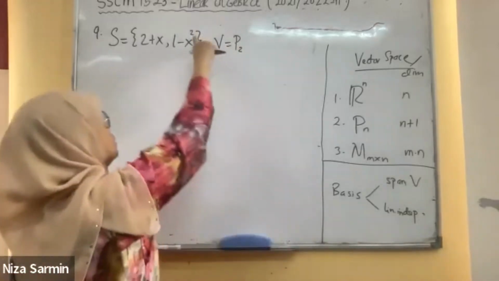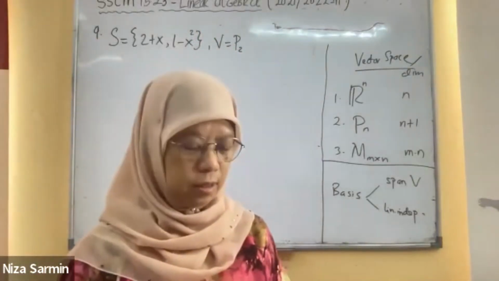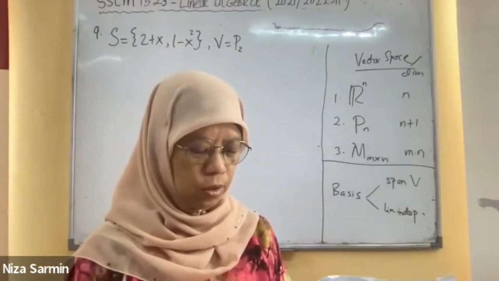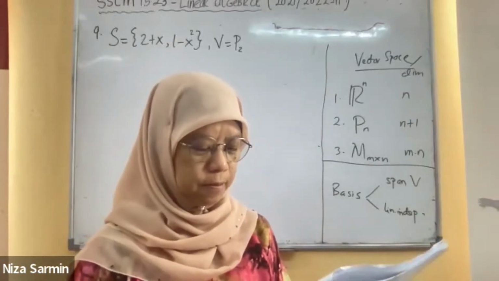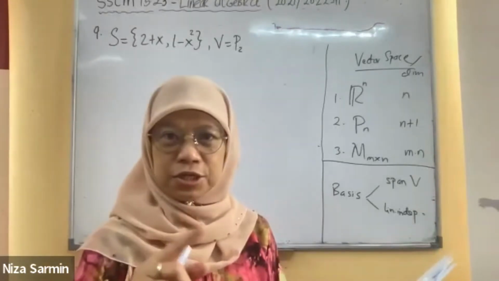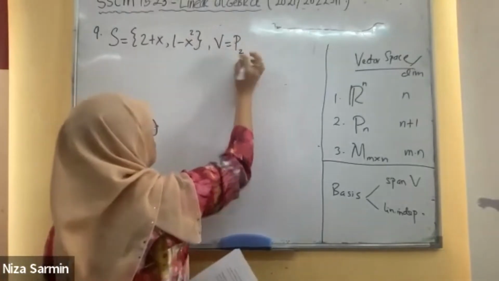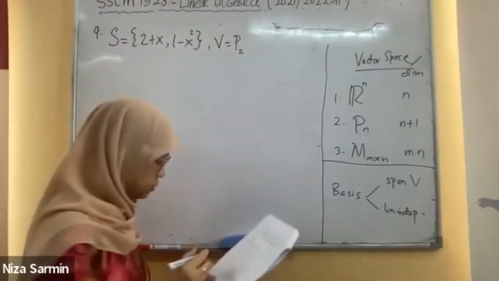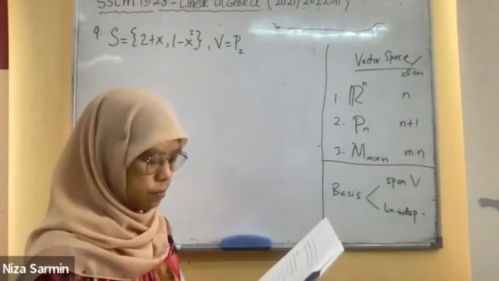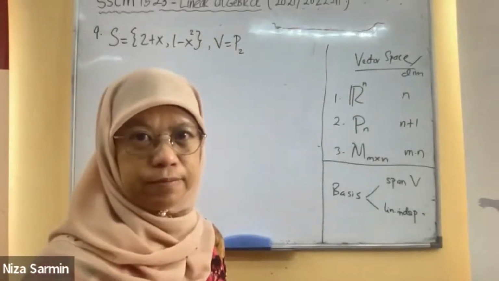Either this was left out or this is a typo. Actually for number 9, let's look at the original. Let's change this one. So this one is okay, this one is okay. Let's change this one. So it matches with number 1. Okay.